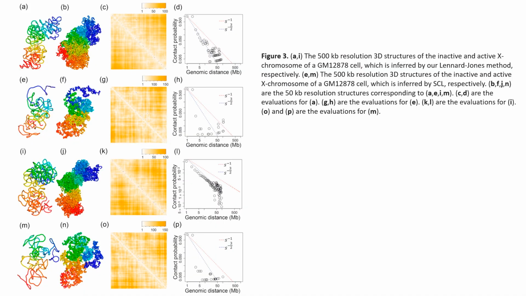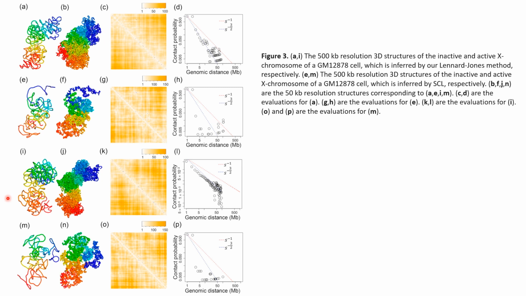A and I are the 500 kb resolution 3D structures of the inactive and active X chromosomes of a GM12878 cell, inferred by our Lennard-Jones method, respectively.